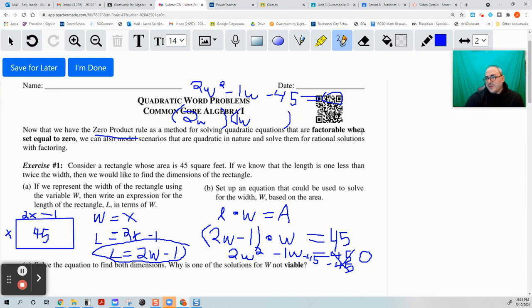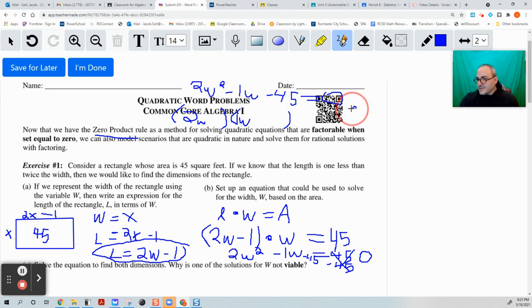I don't see a way of making that one work. What about 2? 2 doesn't work here. 45 divided by 3 is 15. Could I take 2 times 3 and get, no, that's not really going to work. What else can I have? Maybe 5. What's 45 divided by 5? 9. Let me think about that.